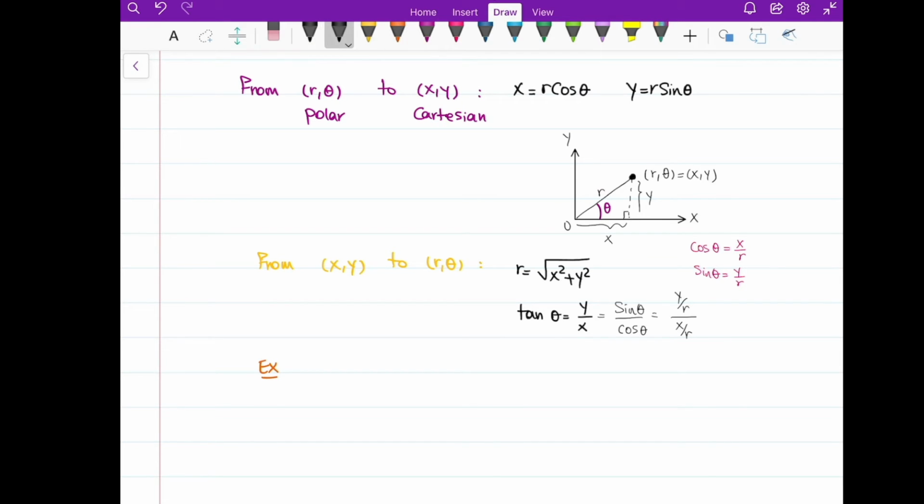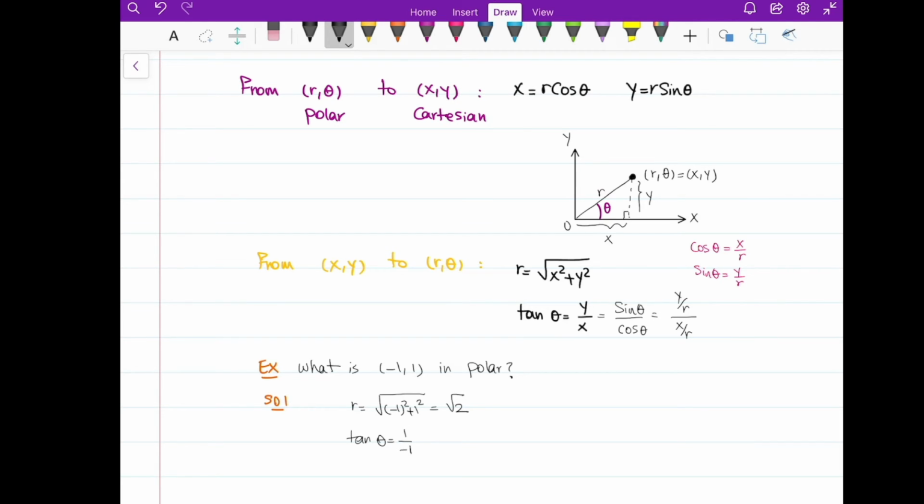Example is this. What is -1 and 1 in polar? Okay, so I'm given the Cartesian, and I would like to find the polar. So the polar r is equal to what? Square root of x squared plus y squared. So this is square root of 2, and tan of theta would be y over x.